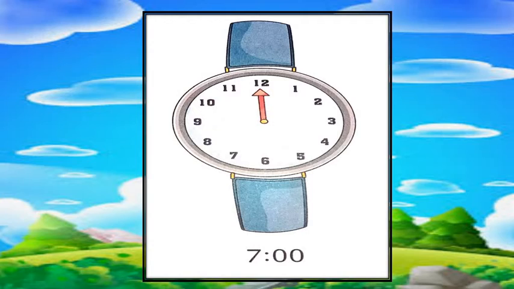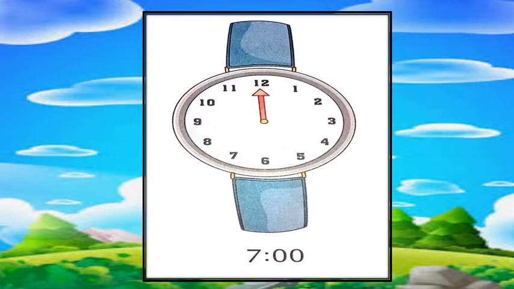Now see, again we have a clock which has numbers on it, as well as the minute hand drawn on it. We have to draw the hour hand. Observe the screen properly. You can see the time written there.